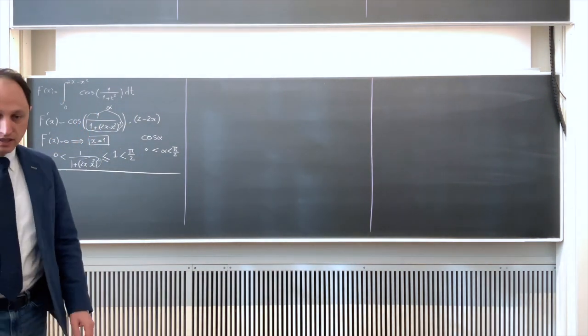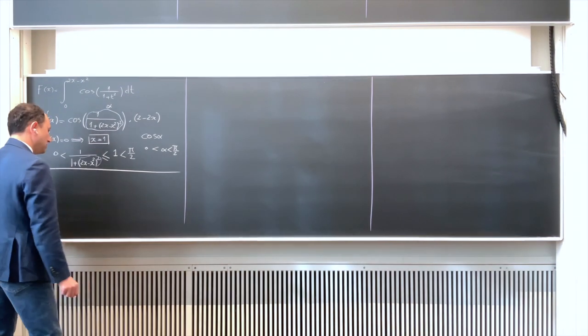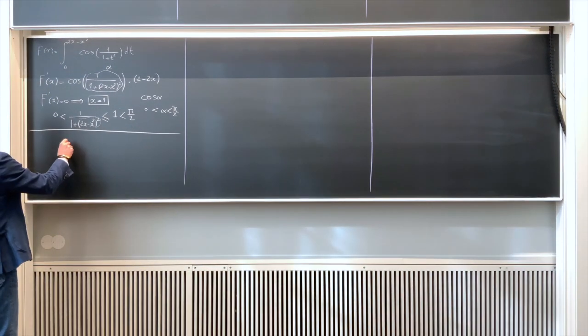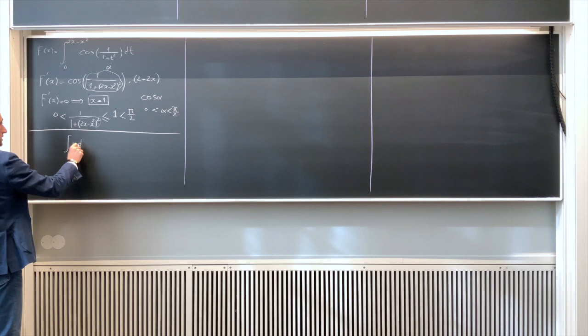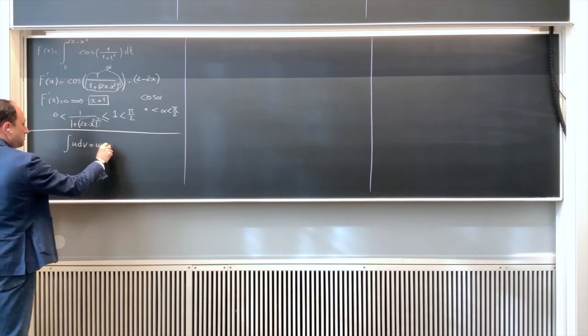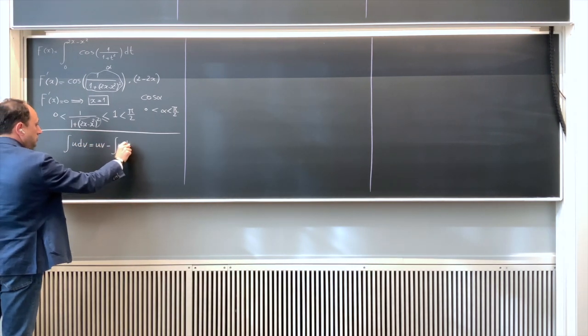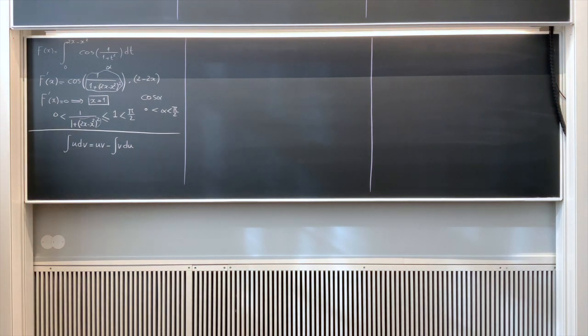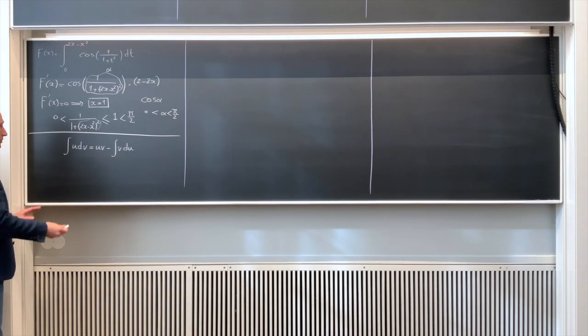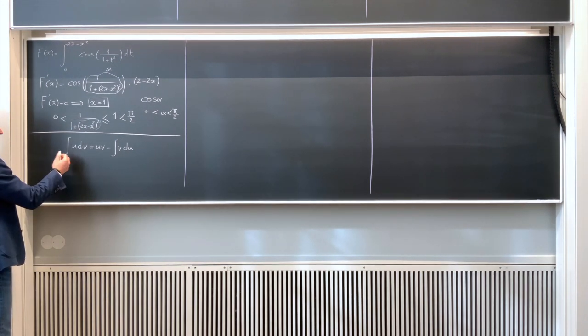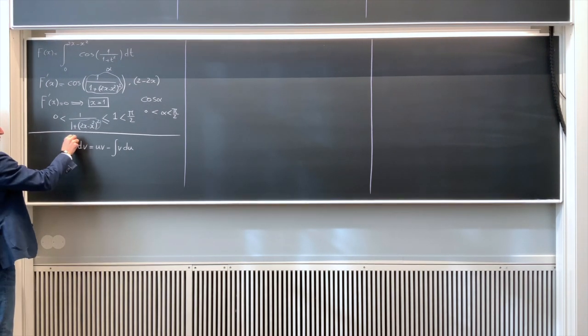Let me start with this: do you remember we talked about integration by parts, and I told you that the integral of u dv is equal to uv minus the integral of v du? This is the indefinite version of integration by parts. What happens if I want to calculate a definite integral, say from a to b?